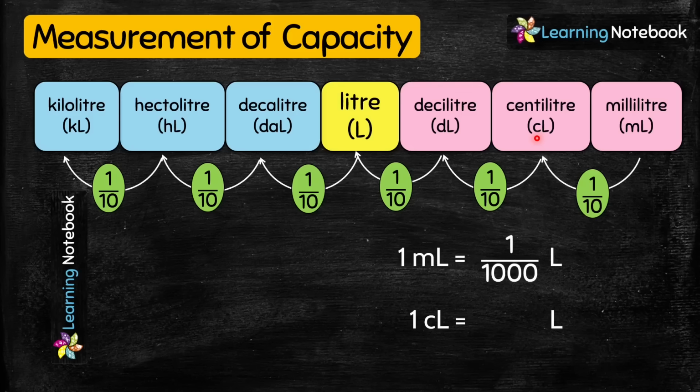Cl means centiliter. So 1 centiliter equals how many liters? Here we are jumping 2 times. So it means 1 cl equals 1 upon 100 liters. And in the same way, 1 liter equals 1 upon 1000 kiloliter.